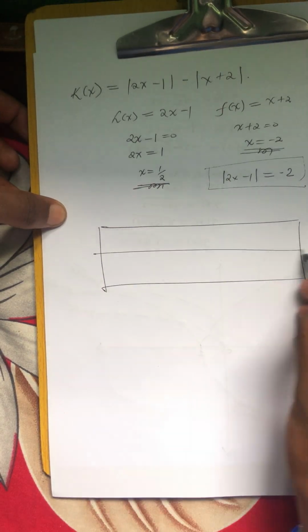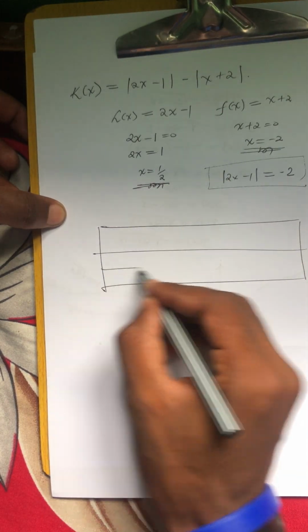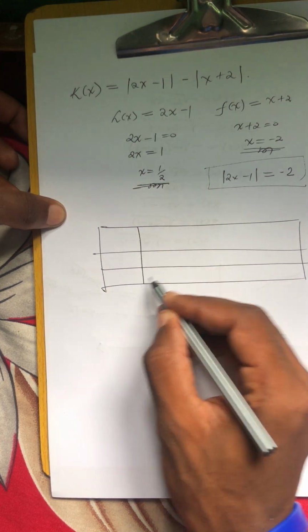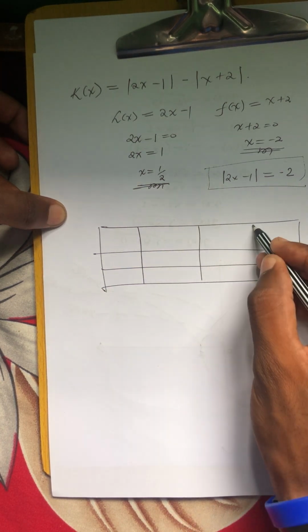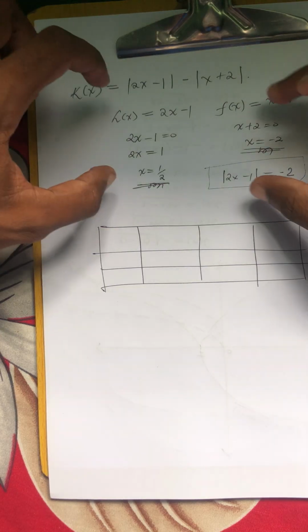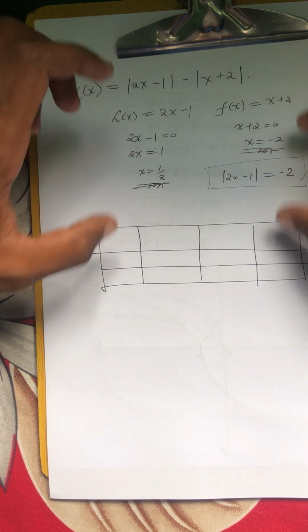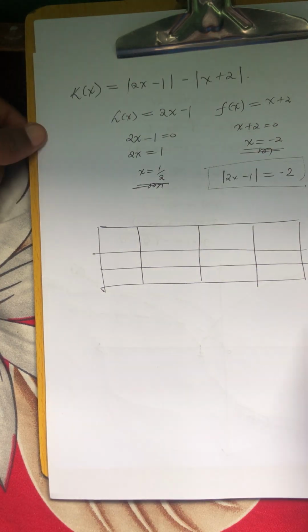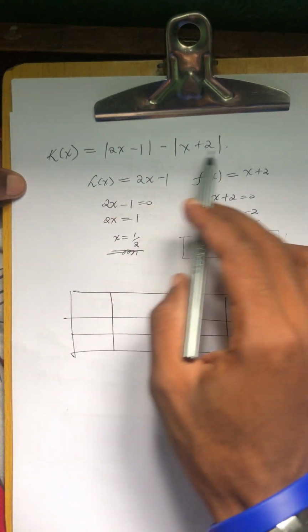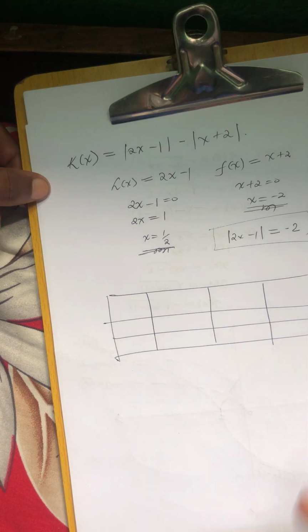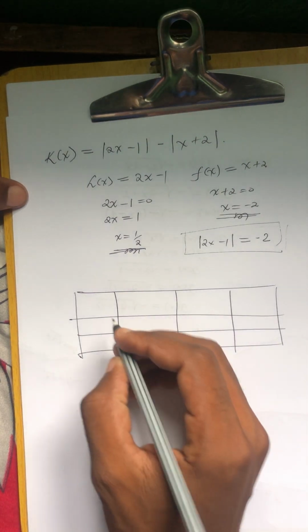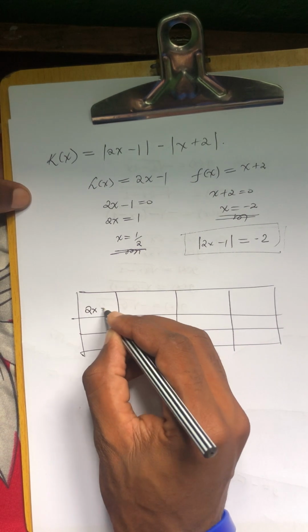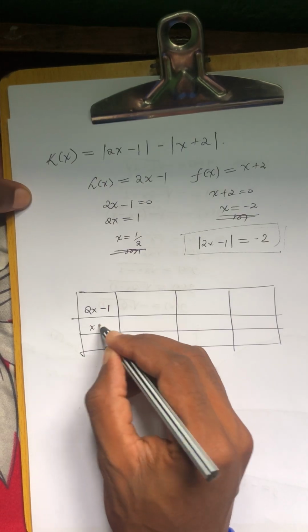When you're answering, this is just the order of answering. You find the break points, then you draw the sign graph, then you follow. Okay, so now we'll get the two functions in the order they come out: 2x minus 1, then x plus 2.